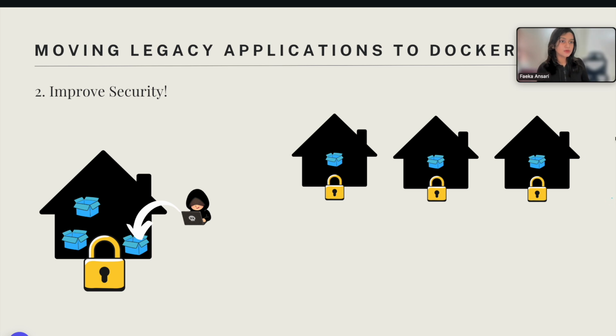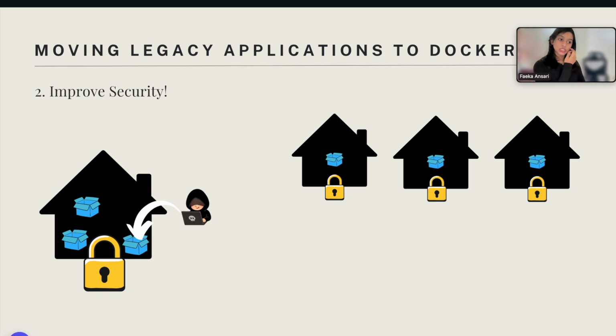Now let's talk about enhancing your security with containers. So if you see in traditional hosting, all of our applications on the same server share the same environment. So if one application is hacked, the attacker can literally hack all the other applications as well. Right?